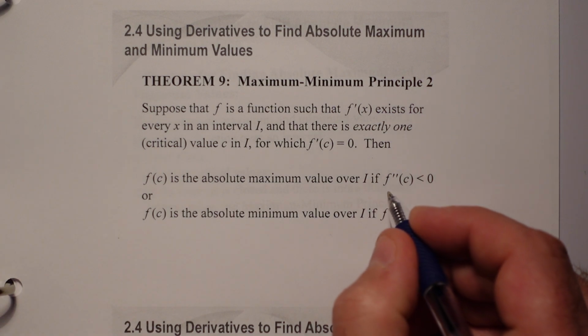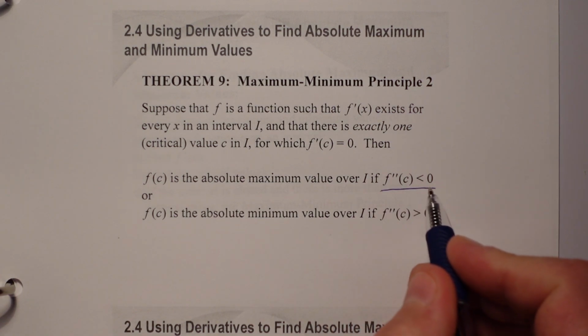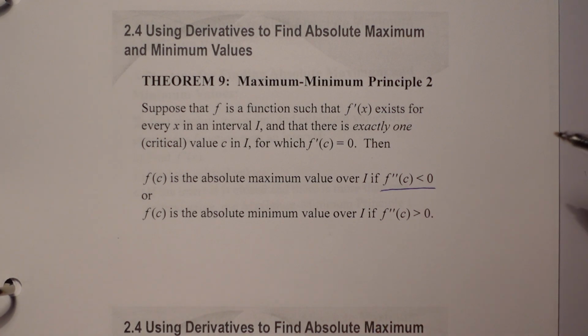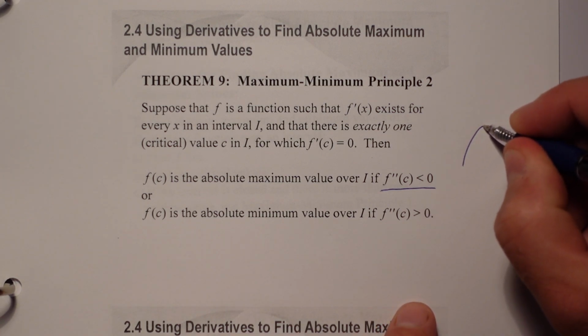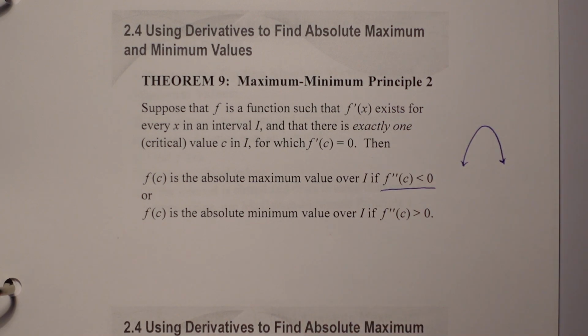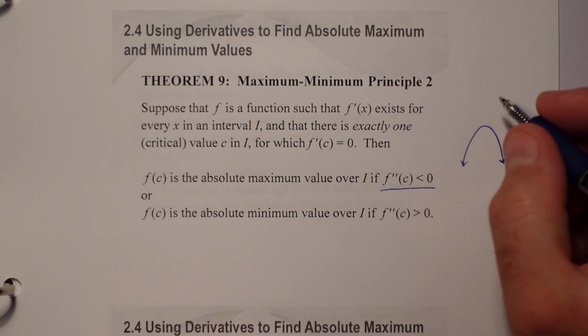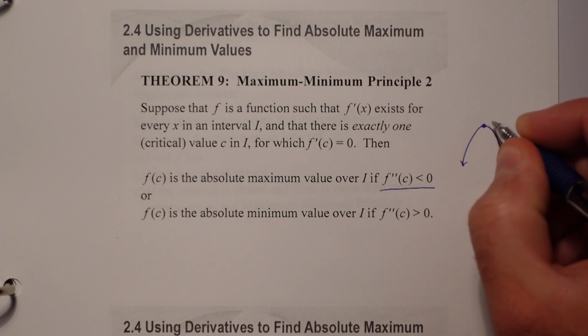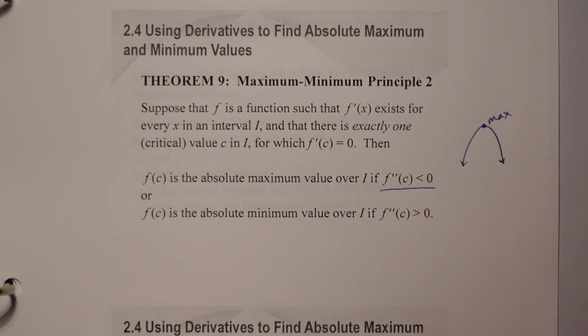So notice here, if the second derivative is negative, that means the function is opening downwards. It's concave down. And notice, if you're concave down, that critical value must be a maximum point on the function.